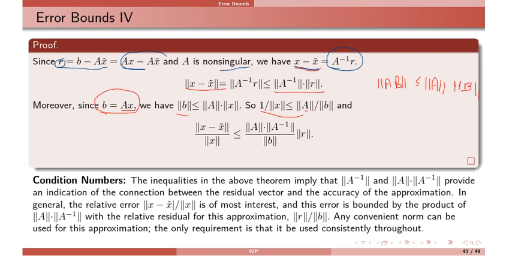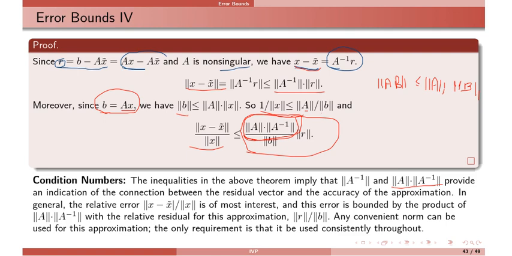And if I look at this formula very carefully, on the right hand side you have two numbers, norm of A multiplied by norm of A inverse, and these numbers depend solely on the matrix A. If this number is bigger, the relative error bound will be bigger, and if that number is small, the relative error bound will be small.